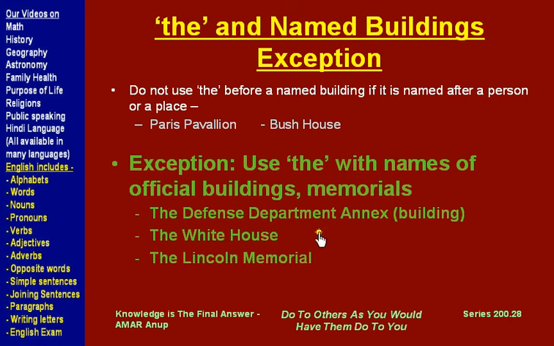We call it the Defense Department, the White House, the Lincoln Memorial. So if the buildings are official or if they are memorials, then we use "the," and an example of a memorial is the Lincoln Memorial.